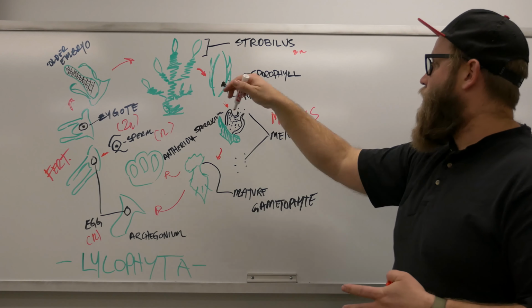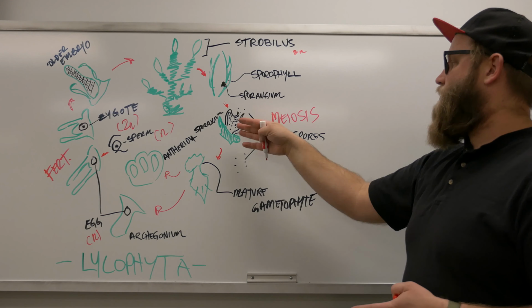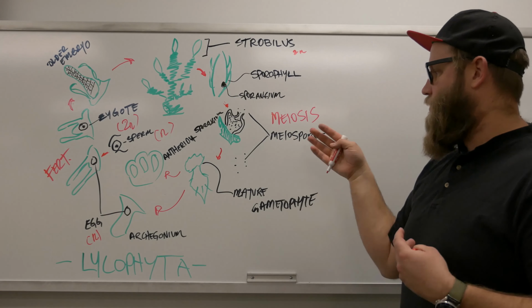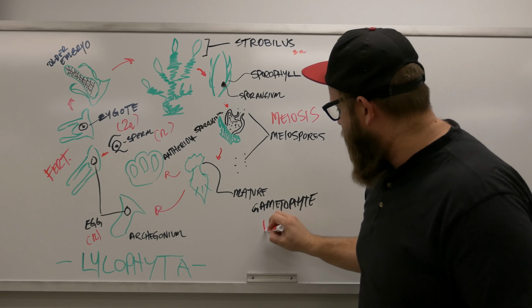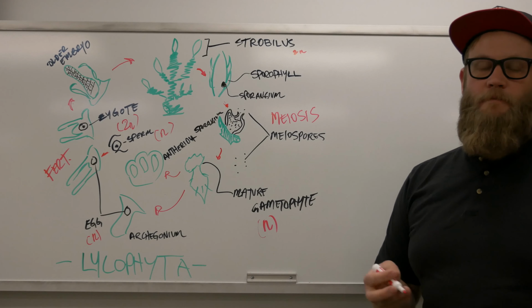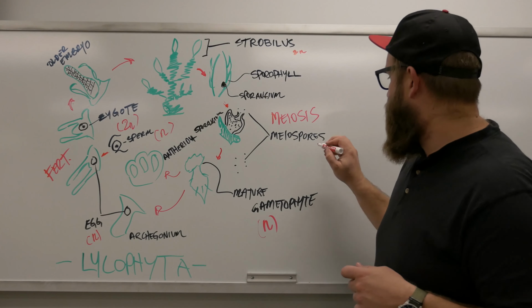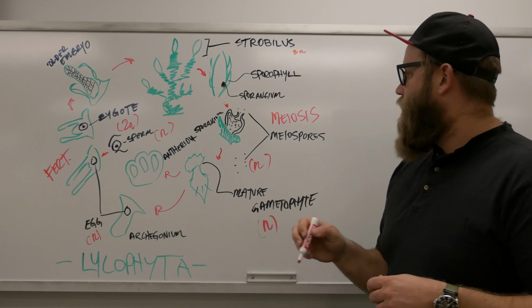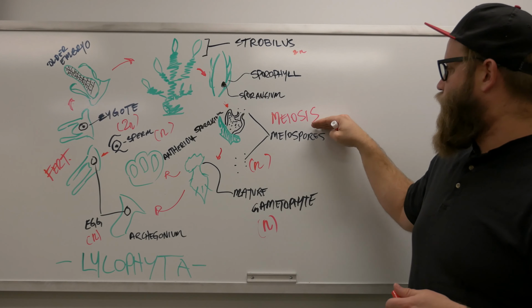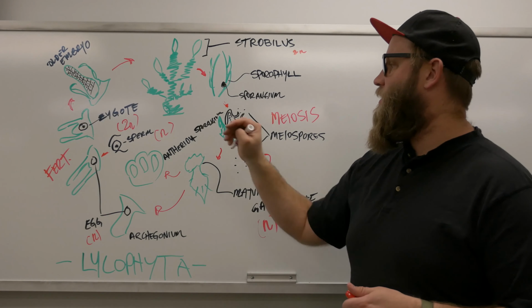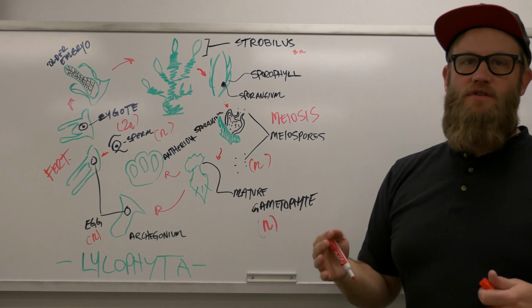The plant here, again, we've got meiosis occurring here, meiospores, gametophyte, so the gametophyte is N as well, okay? These are N, because they're post-meiosis. So everything between meiosis and fertilization is N, everything post-fertilization is 2N.